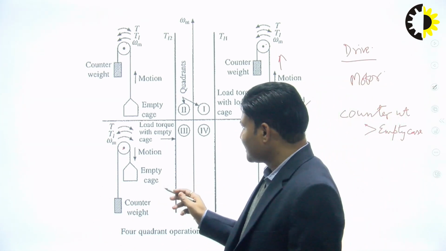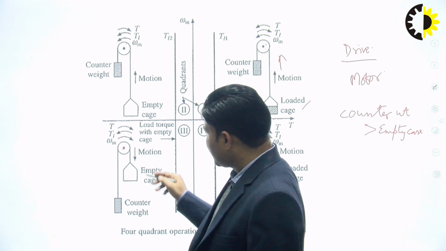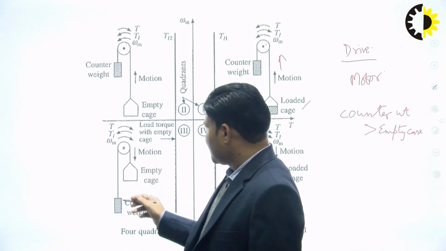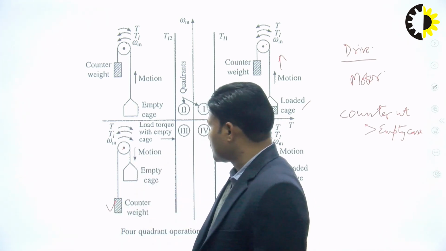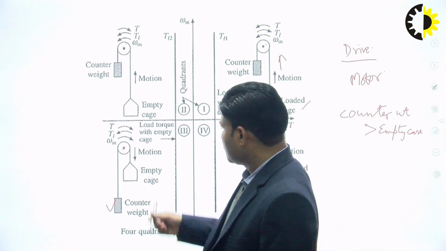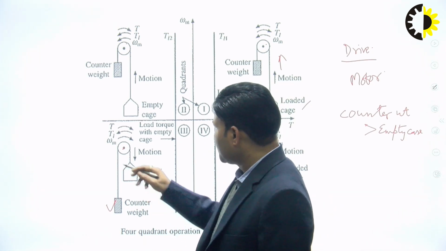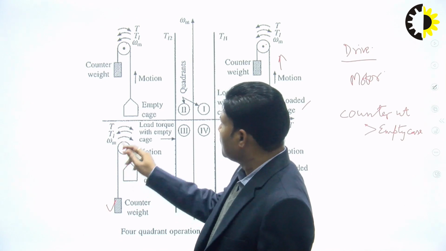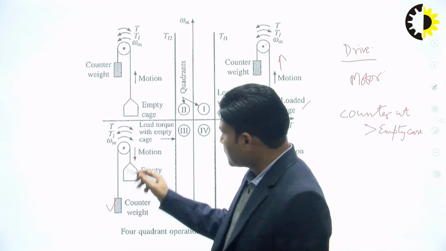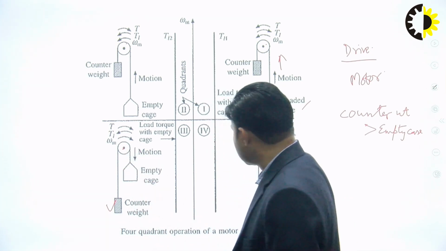Similarly, in the third case, the empty cage has to be brought down, and since the counterweight is greater than the empty cage weight, the motor will operate in the reverse direction, and motor torque is also applied in the reverse direction.